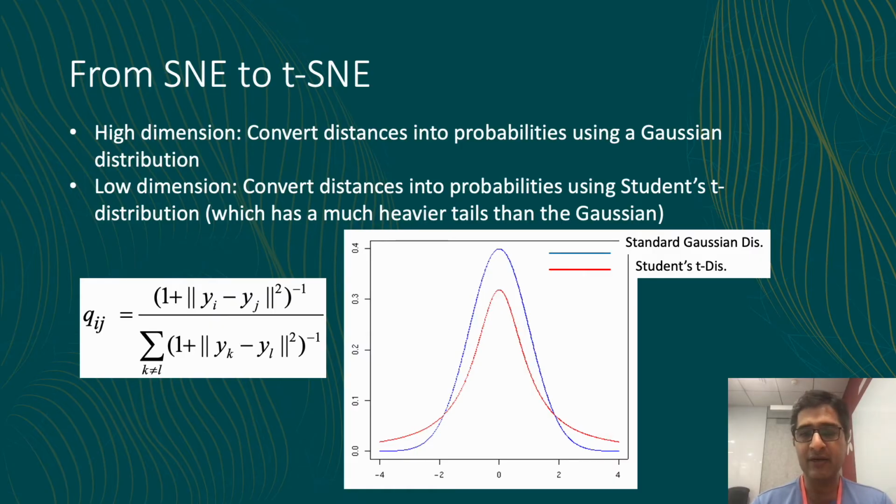That was the primary contribution, according to me, of this particular TSNE paper, where they said that in the lower dimensional space, it's very important for the heavier tails to be modeled. Modeling the heavier tails in the lower dimensional space gives you better results overall, compared to not having the t distribution model the process of converting distances to probabilities in the lower dimensional space. Okay.